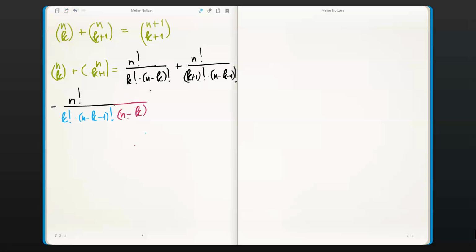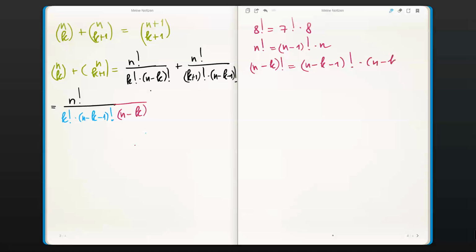Once again, if we have 8 factorial, we can write it as 7 factorial times 8. So if I have n factorial, this is n minus 1 factorial times n. And correspondingly, if we have n minus k factorial, this is n minus k minus 1 factorial times n minus k, which I have here.